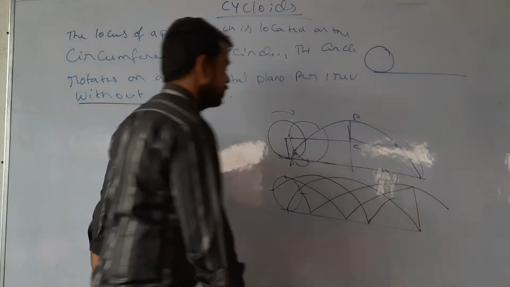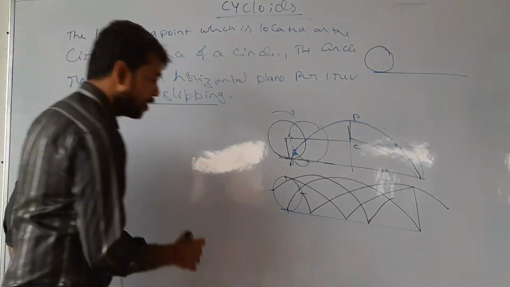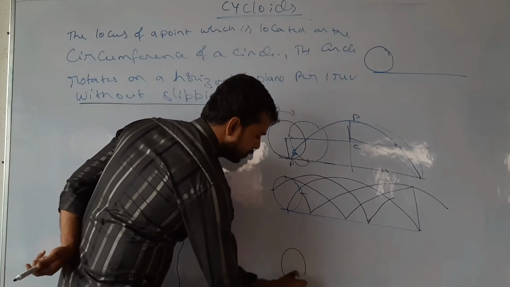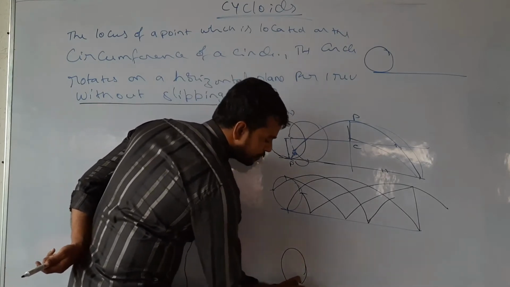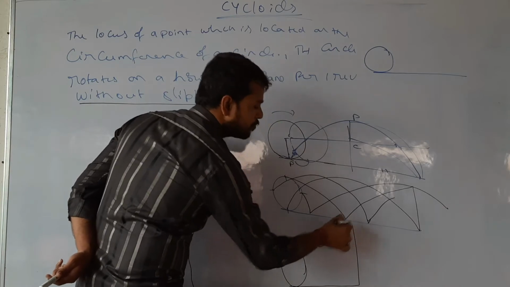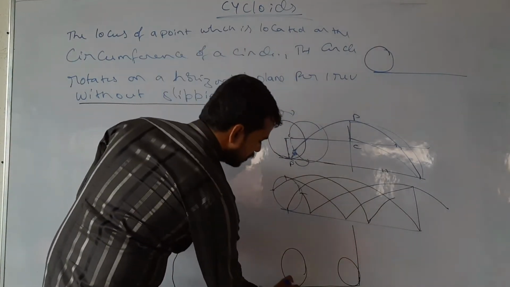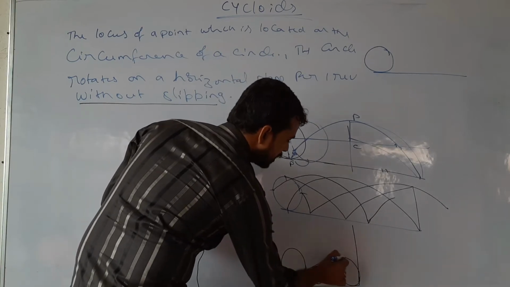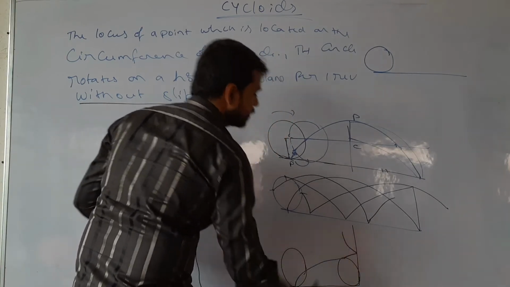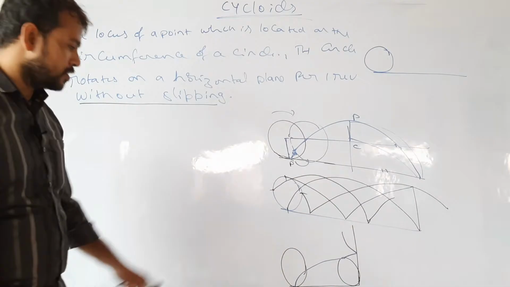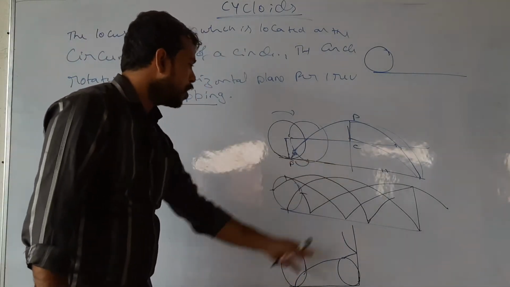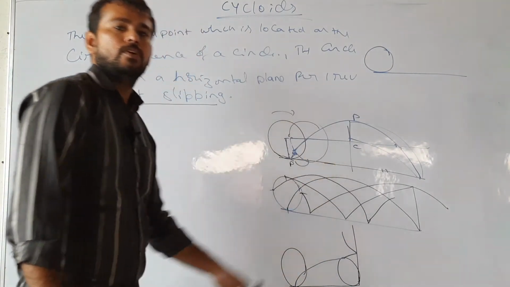And not only this, they may ask you: the circle is rotating half a revolution on a horizontal plane and the remaining half on a vertical plane. Then the point is here, it will come like this and end like this. So these are the orientations of cycloids.